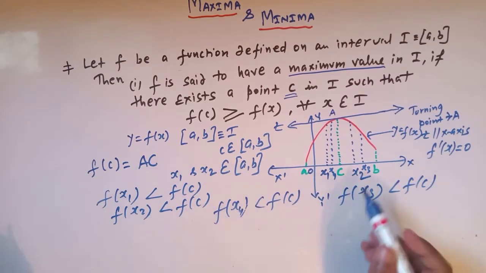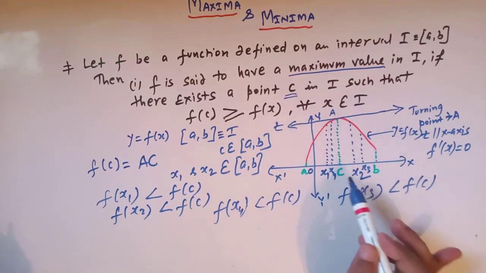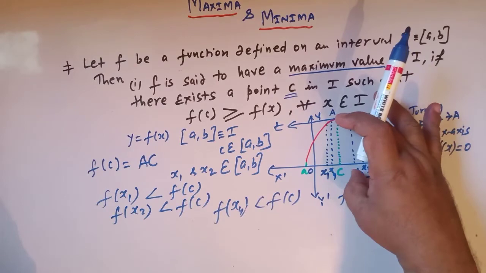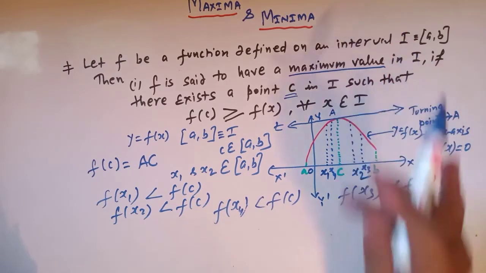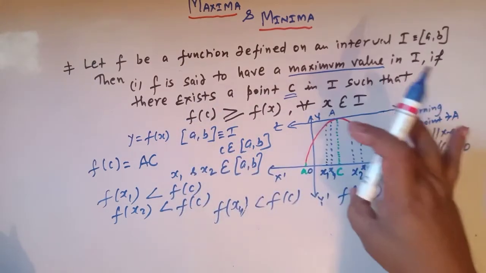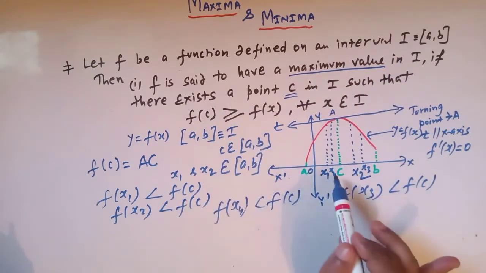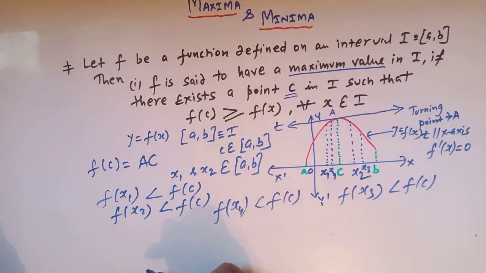So for all x belonging to I, f of c is the greatest value. This is the greatest ordinate for all x belonging to this interval a comma b.